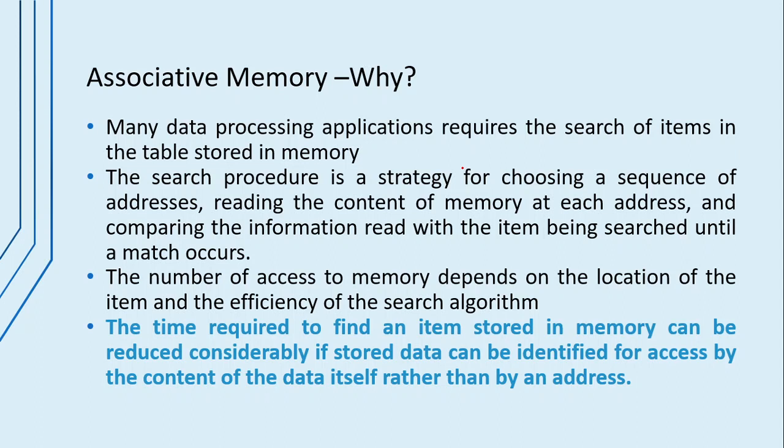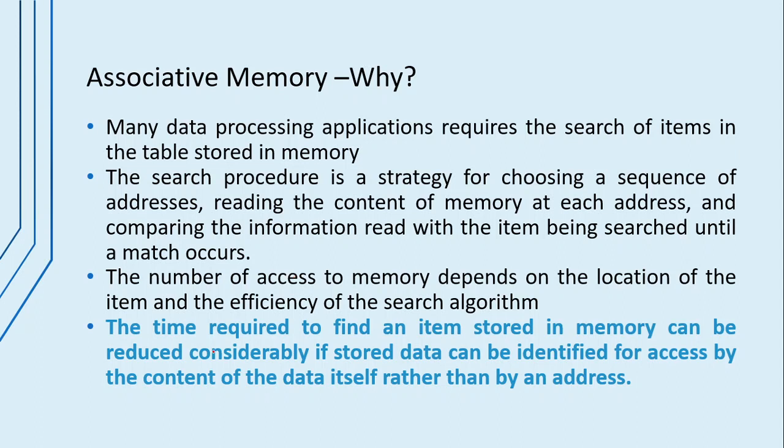Then read the content from that address and compare that data with ABC. If it is not matched with ABC, then you have to do the same procedure again. Each and every time you have to first choose the address, then perform the read operation, and then compare. So the number of accesses to the memory depends on the location of the item and the efficiency of your search algorithm. Each and every time you have to do this procedure.